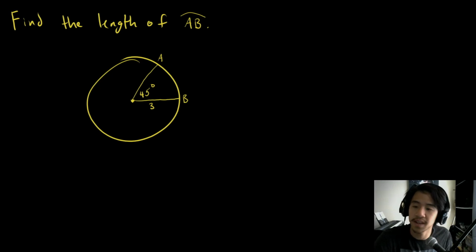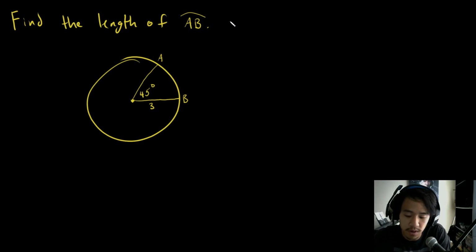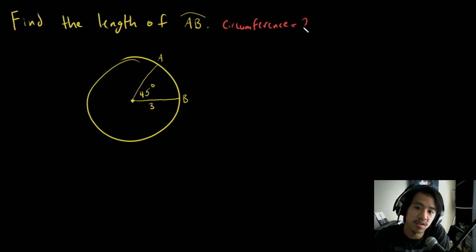All right, let's find the length of AB here. In this case, we're not given the circumference. Instead, we're given the radius. So we're going to have to think of another formula to come up with the circumference. So here's the formula for circumference. Circumference is equal to 2 pi r.